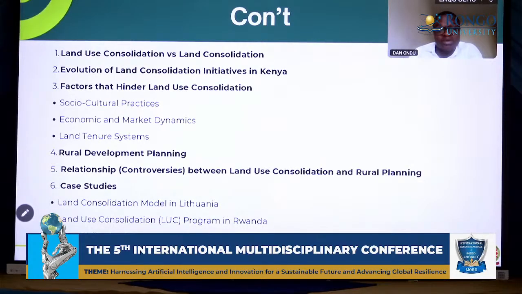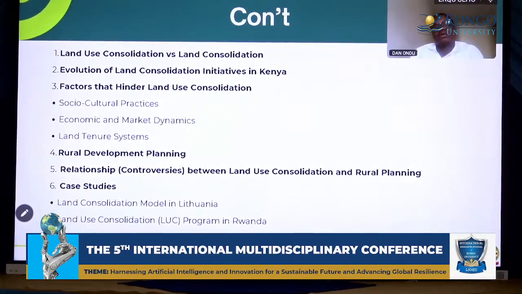The study also looked at the factors that could hinder land use consolidation, and here the study looked at sociocultural practices and the issues of land inheritance, population growth, among other things.